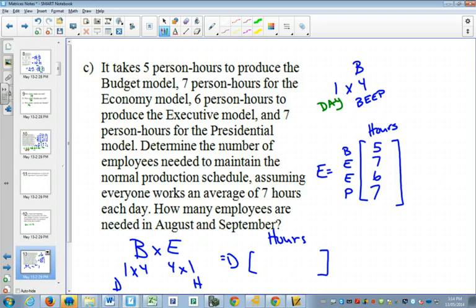Generally, I go with 24. 24 hours in a day, yes. But employee hours in a day, so you can figure out how many employees you're going to need. Pretty good hours when you work an actual 7 hours.